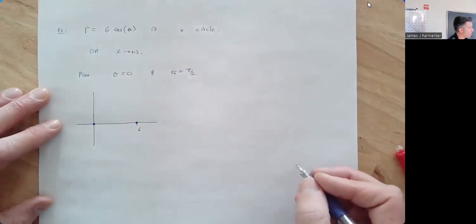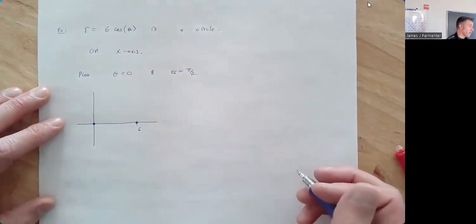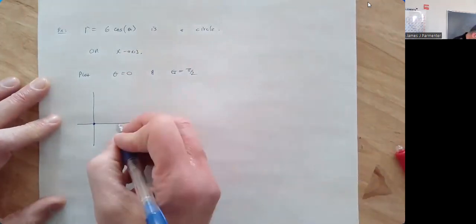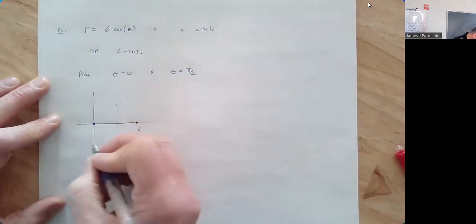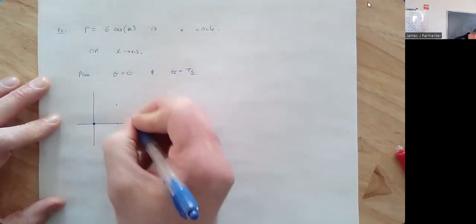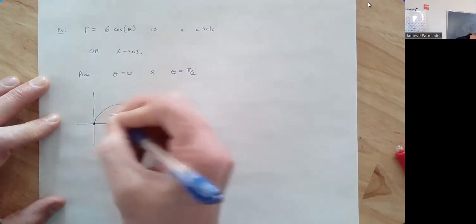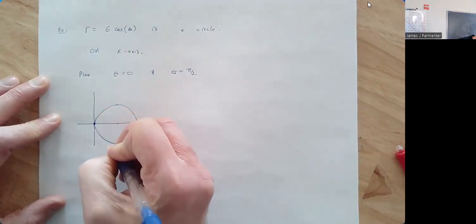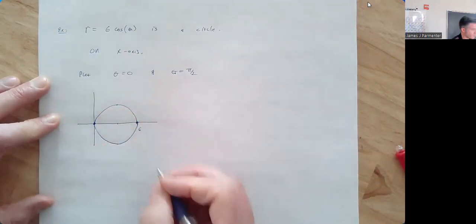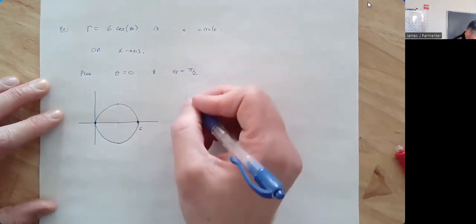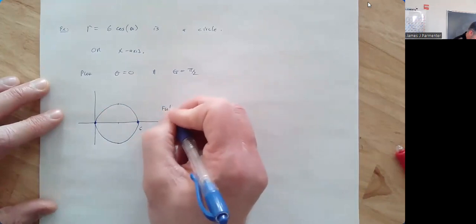And those points there are the ends of a diameter of this circle. So here's my circle. Starts here, goes this way. There's pi over 2, and all the way out this way, back to pi. So we get the full circle as theta goes from 0 to pi.